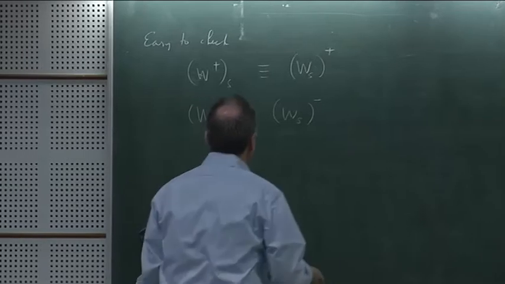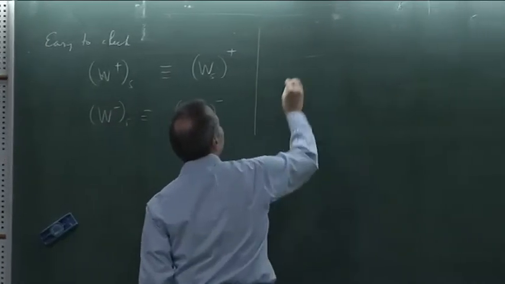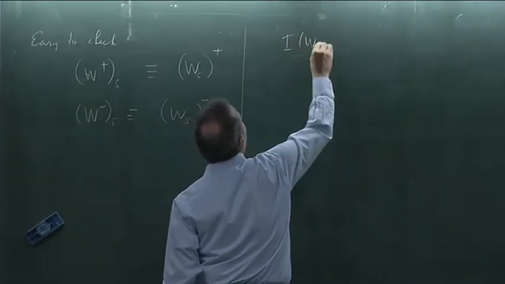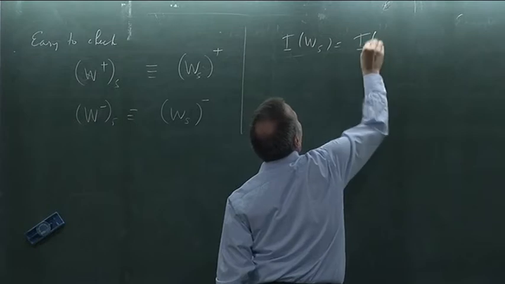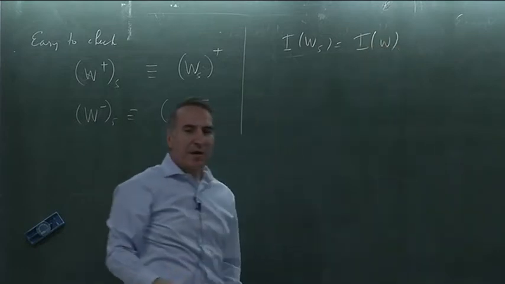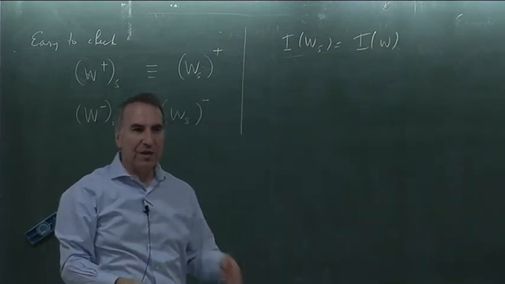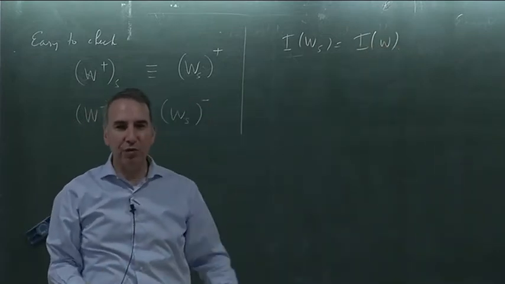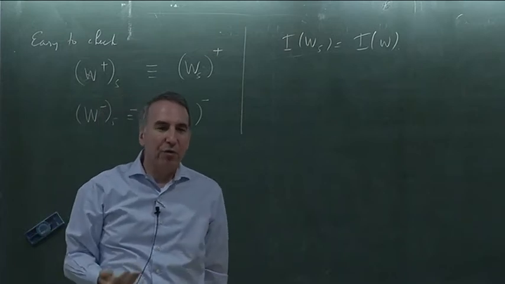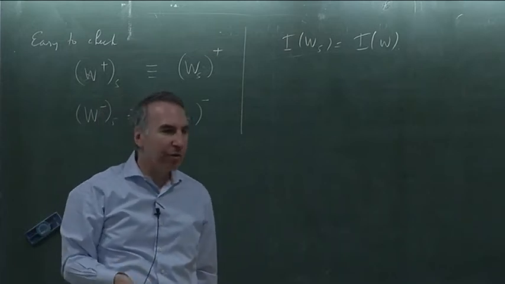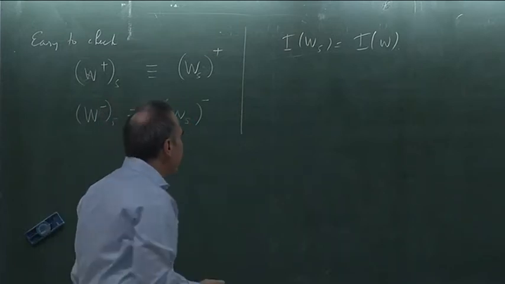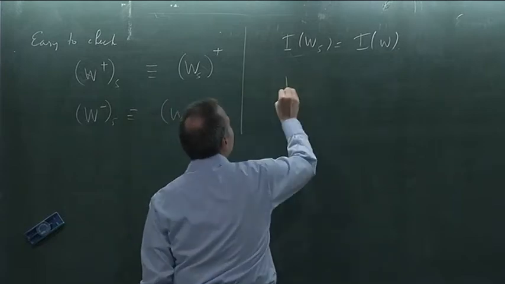Okay? Secondly, it's also easy to check that if you compute the I of W_S, that's the same as I of W. The symmetry operation neither destroys nor increases nor creates mutual information. Also easy to check. I guess maybe I should.